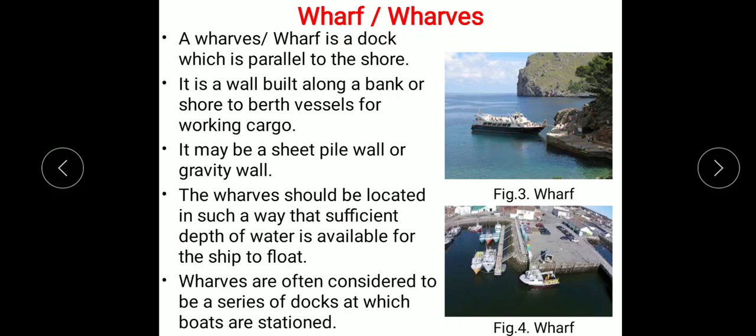Wharves are often considered to be a series of docks at which boats are stationed. Figure 4 also shows a wharf, a series of docks at which the boats are parked or stationed. We can see boats are tied or berthed to this wharf.